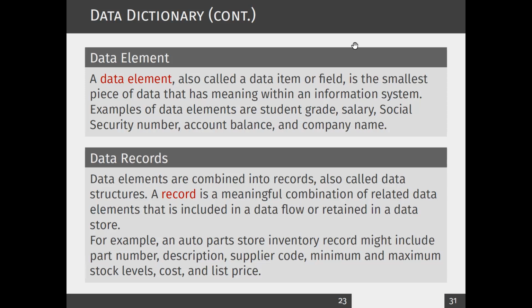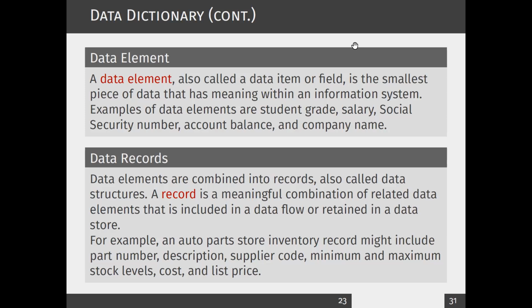Then we talk about data records. When you combine data elements together, we can make a record. A meaningful combination of these related elements is called a data record. This is what we are going to keep in a data store.